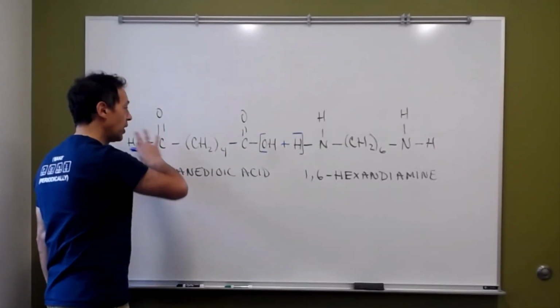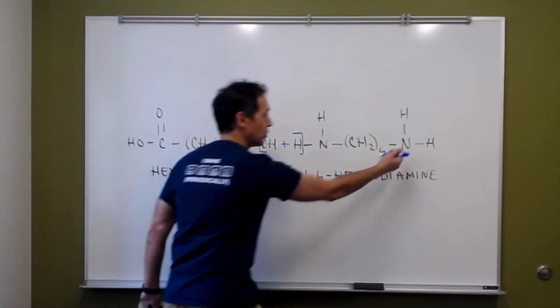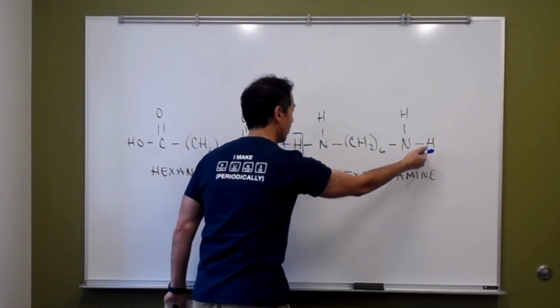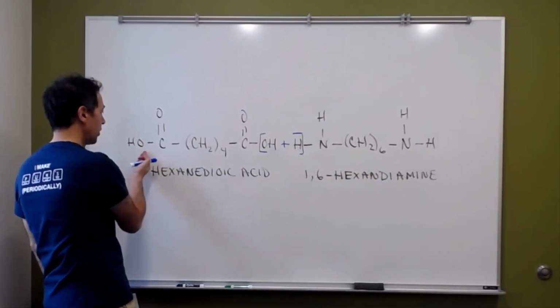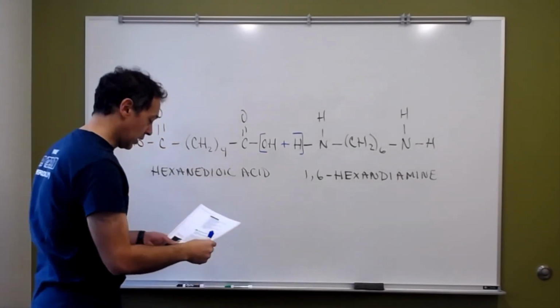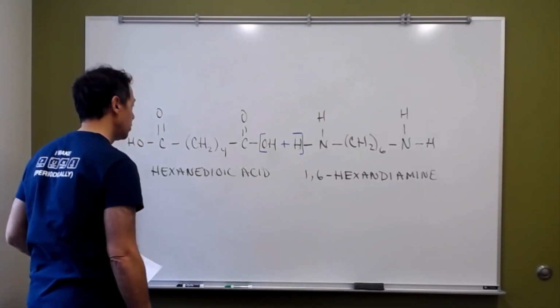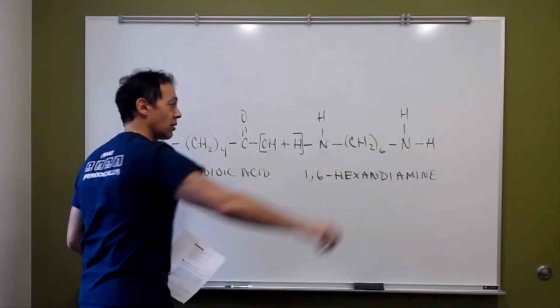And if we had a bunch of these, okay, then we could just string them together in a long chain, right? So you see this amine group over here can attach to another carboxylic acid group over here, and you could just keep on repeating this thing. And so what you end up doing is you create this big, long polymer.